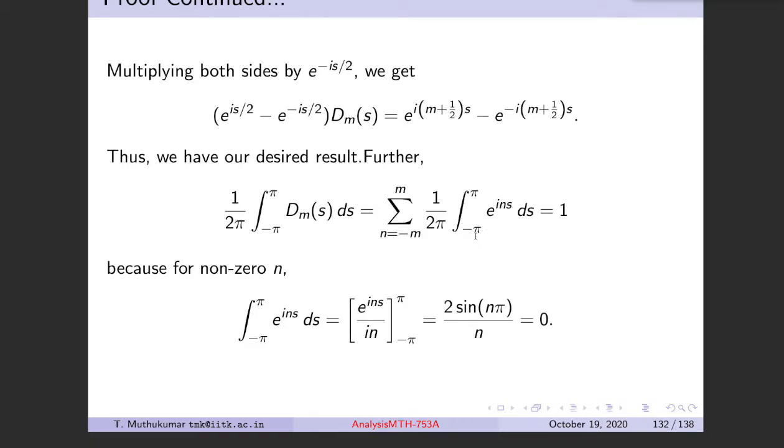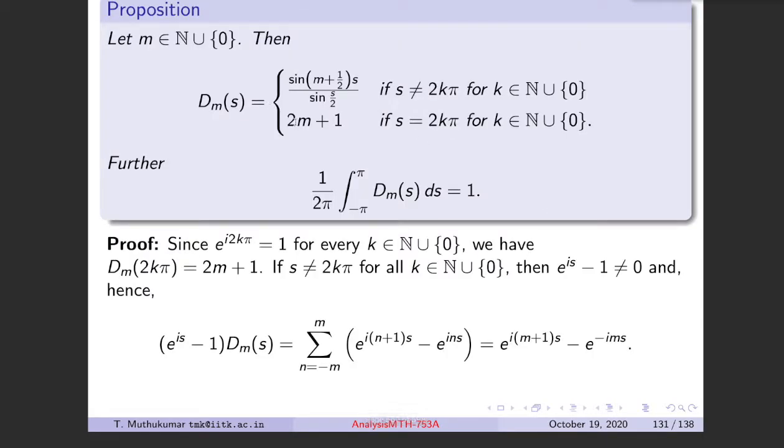So in this sum, the n equal to 0 case survives, and all non-zero n's become 0. What remains is the integral of a constant function, where the 2 pi cancels out, so you have 1. These are some simple things. So we have shown this property of the Dirichlet kernel, that D_m has this value and the integral of D_m is 1.